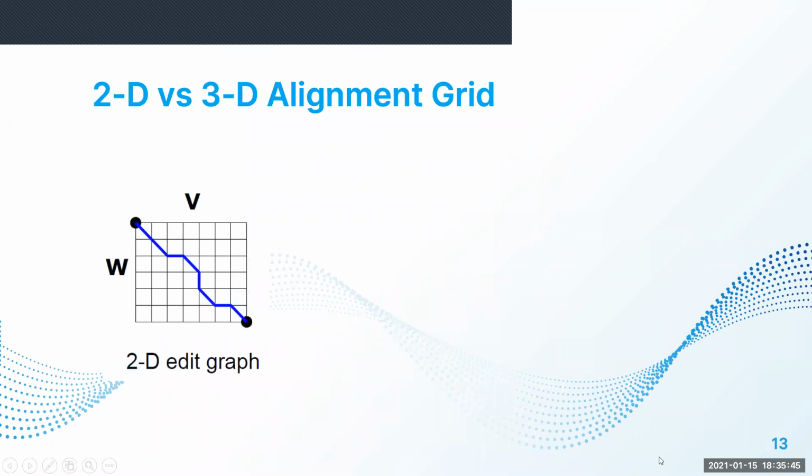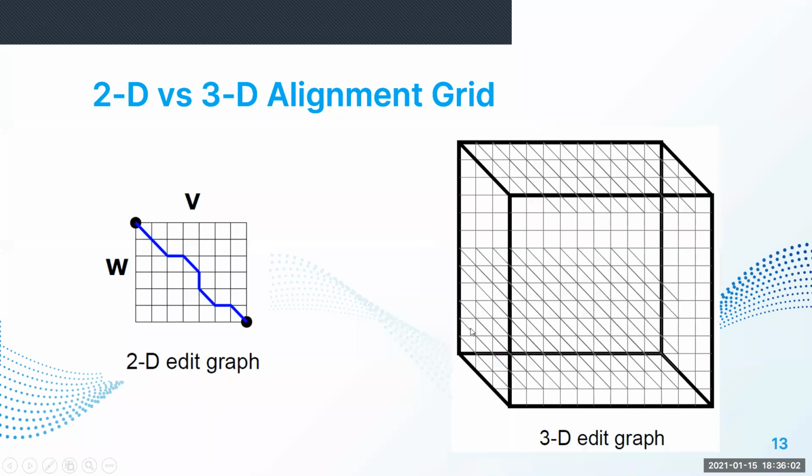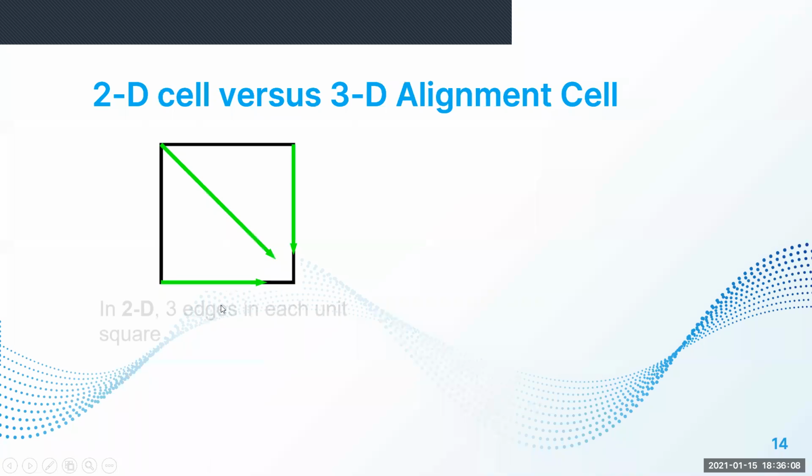In a 2D graph, we are working on a line on this 2D plane, so the alignment is just one line. But in the 3D cube, this one line changes to a plane. In the 2D manner, we have 3 edges to reach each unit.